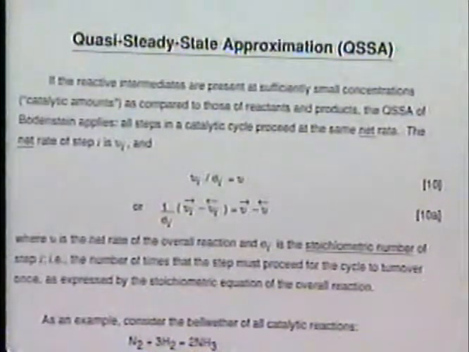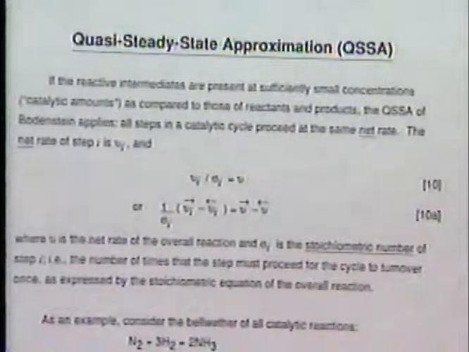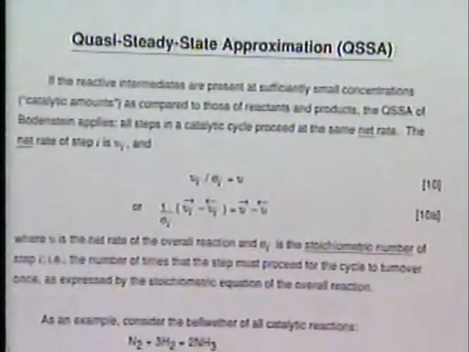Okay, we introduce here a good old workhorse of kinetics. First proposed for chain reactions, then applied to catalytic cycles as well. And it's called, somewhat prudently, the quasi-steady state approximation.